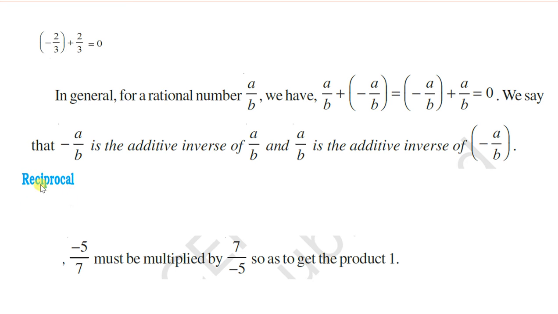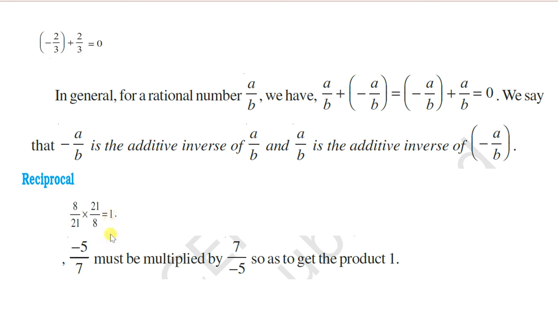Then reciprocal of a number. Reciprocal of a number is that number which when multiplied with it gives you the multiplicative identity. तो 8 by 21 है तो इसका रेसिप्रोकल क्या होगा 21 by 8, क्योंकि दोनों को मल्टीप्लाई करके 1 मिलता है. इसी तरह से -5 by 7 है तो इसका रेसिप्रोकल होगा 7 by -5, and when you multiply both you will get 1.